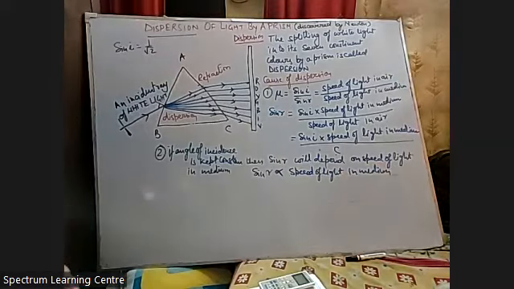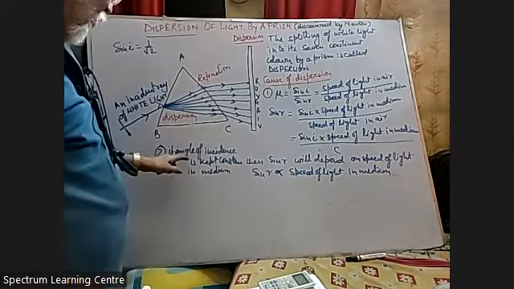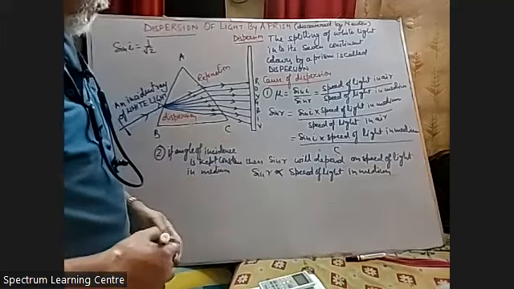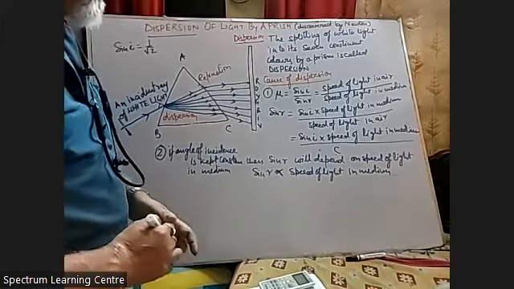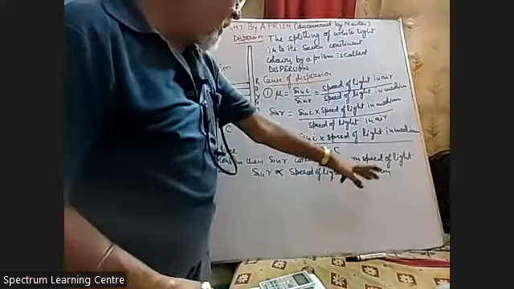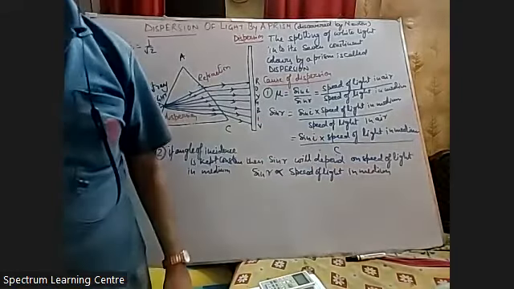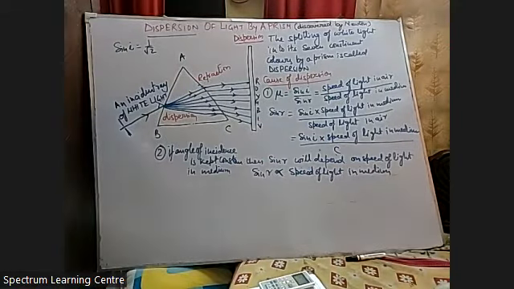Yes, sir. Boydurjo, have you understood this point? Why is sin r proportional to speed of light? Explain me. If angle of incidence is kept constant, then sin r will depend on... Speak loudly. Sin r will be proportional to speed of light in medium.